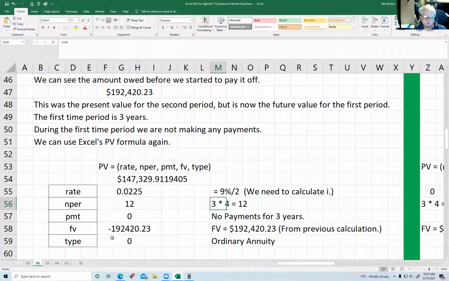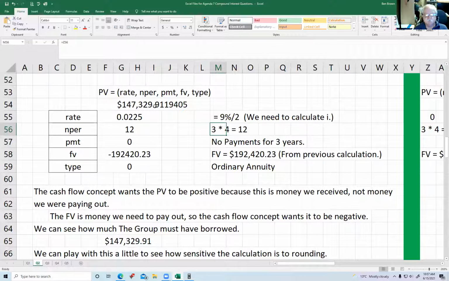Oh yeah, this should be negative because the amount of money we borrowed was 147, but that's money that we got. That money came to us. So that money has to be positive according to the cash flow concept. And it's still an ordinary annuity, so type is 0. So we can see that the group must have borrowed this 147,000 something.